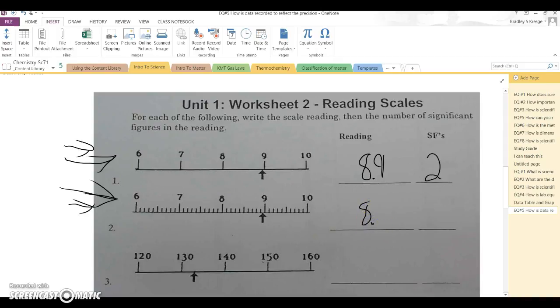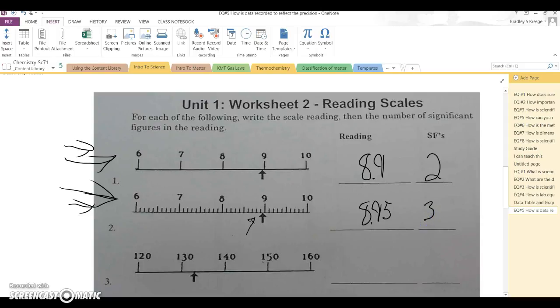I know the 10th position for sure because I've got a marking for it right there. So I know 8.9 for sure, and then I'm going to make a guess. I'm going to look at where that line falls in between those two, and I'll say it's about halfway in between. So 8.95. And this one has 3 significant figures.